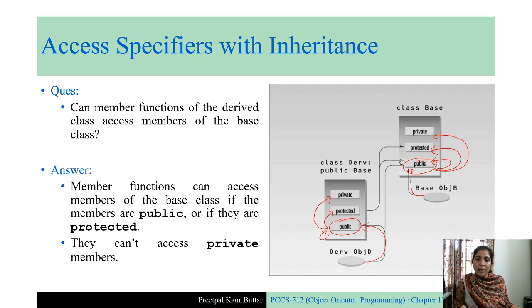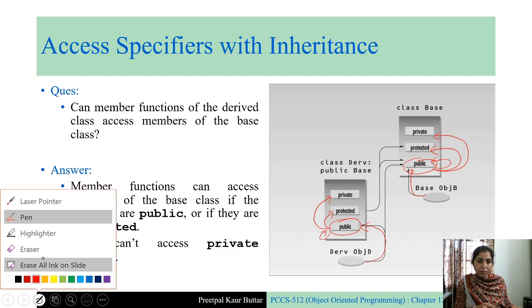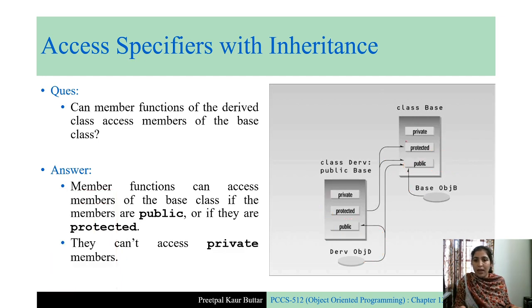Okay, and now let us come to the concept of inheritance. What is inherited and what is not? So here what are we doing? Let me erase this ink. We are inheriting the base class. Okay, so when we are inheriting, it is saying that all the members are inherited except the private members.